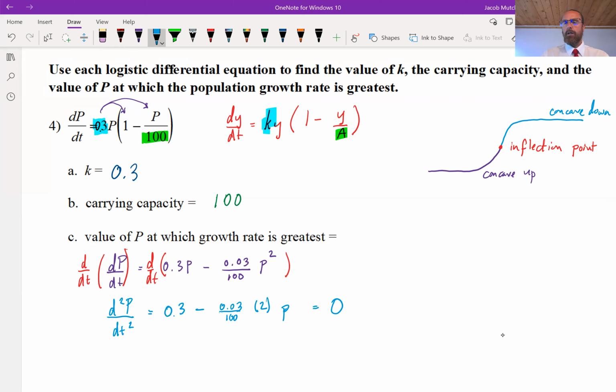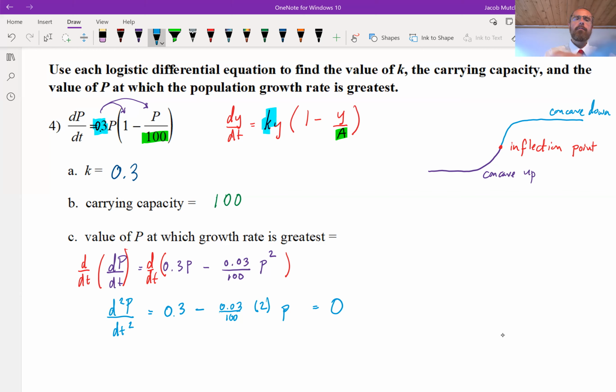The change from concave up to concave down would be where the second derivative goes from a positive value, crossing the x-axis, to a negative value. So definitely that point is going to be where it equals 0. So let's just solve now for this p-value.